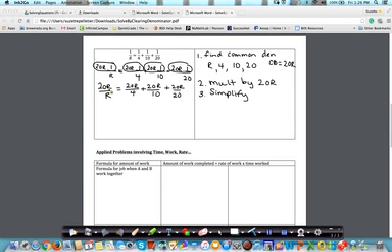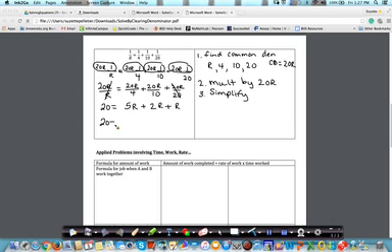Let's simplify again. r divided by r cancels. 20 equals 20 divided by 4 is 5r plus 20 divided by 10, 2r plus 20 divided by 20 cancels.